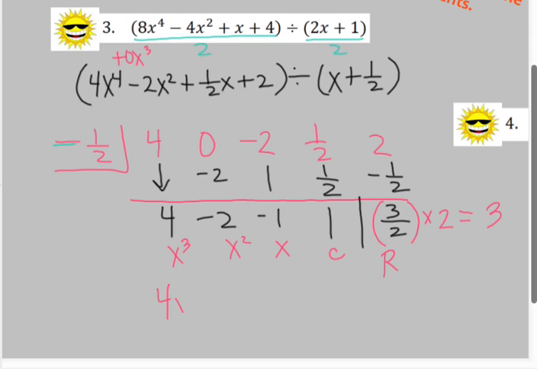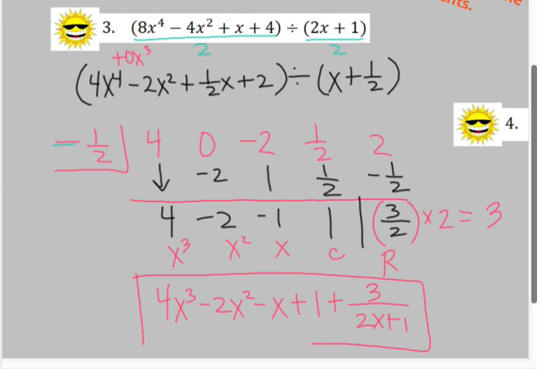So I have 4x to the third minus 2x squared minus x plus 1. And now my remainder, plus 3 over 2x plus 1. And there is my solution for example 3.